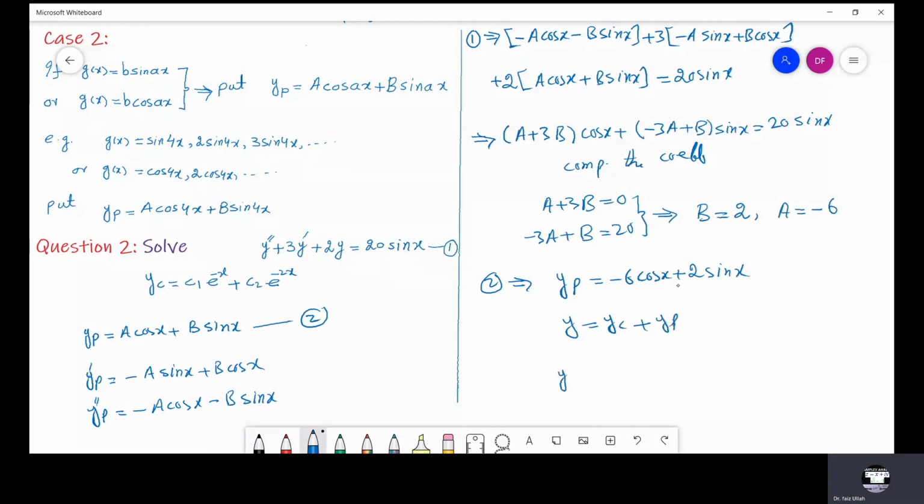Putting values, we have c1 e power minus x plus c2 e power minus 2x minus 6 cos x plus 2 sin x, and that is the required solution of this problem.